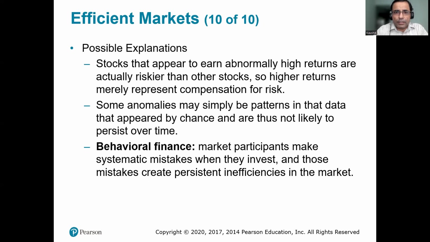And another reason for these market anomalies is behavioral finance. It says that individual investors may have biases because of which they may continue to make mistakes in their investment decisions. And this opens up opportunity for abnormal high returns for other investors.